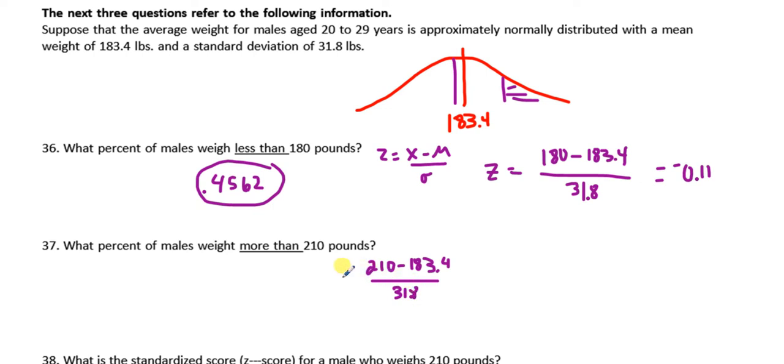That's our Z score, and remember to do the numerator first, 26.6 over 31.8. That comes out to be a positive 0.84.